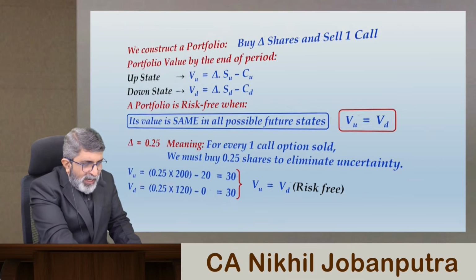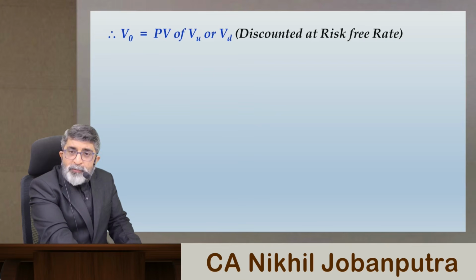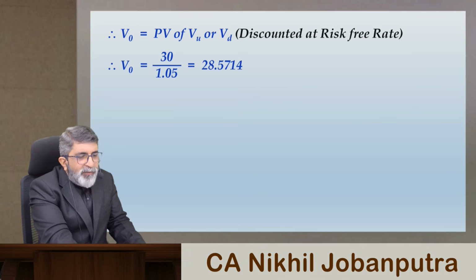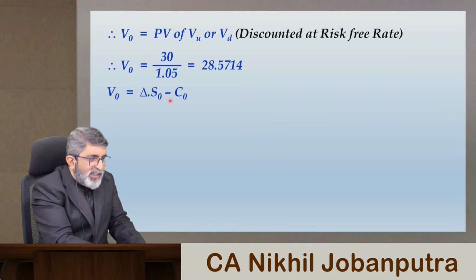So simply, V0 is the PV of VU or VD discounted at the risk free rate. So V0 will be the present value of $30. So 30 divided by 1.05 gives you 28.5714.